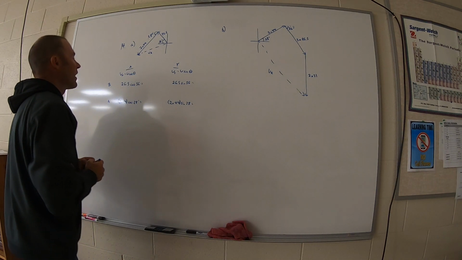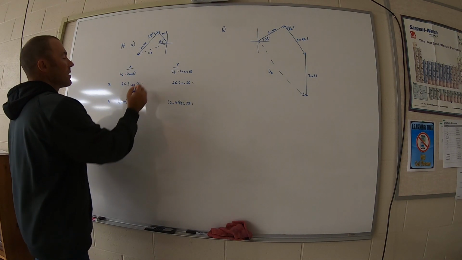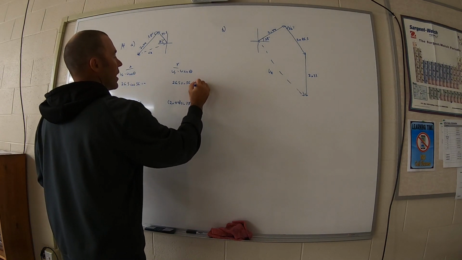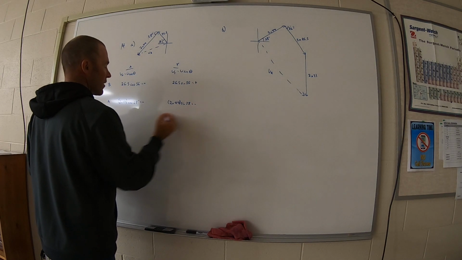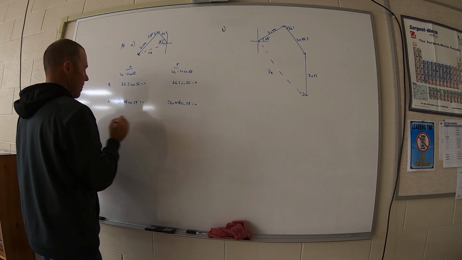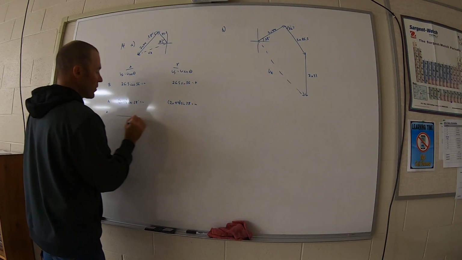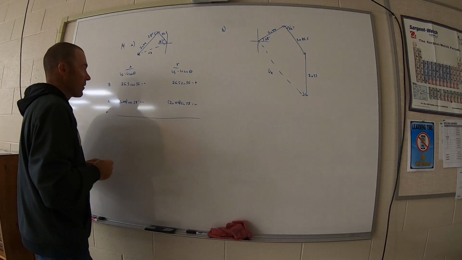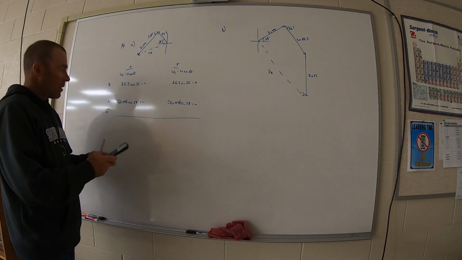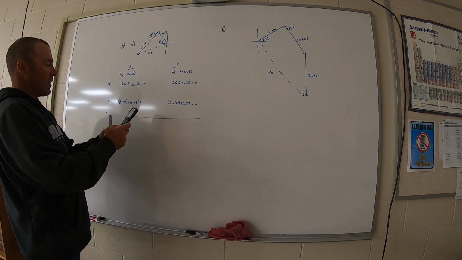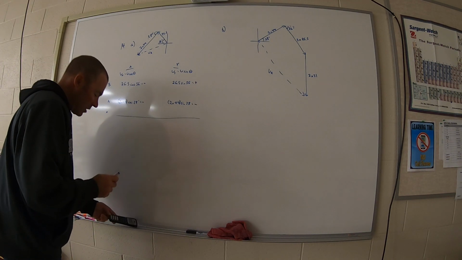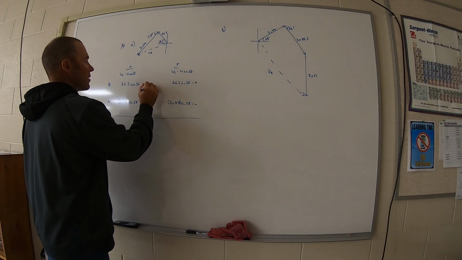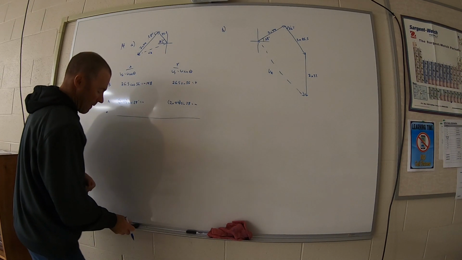And let's put in the signs. So B is negative in the x, positive in the y. A is negative in the x, negative in the y. And after we solve those, we'll add them all together. So 26.5 times the cosine of 56 is 14.8, so negative 14.8.